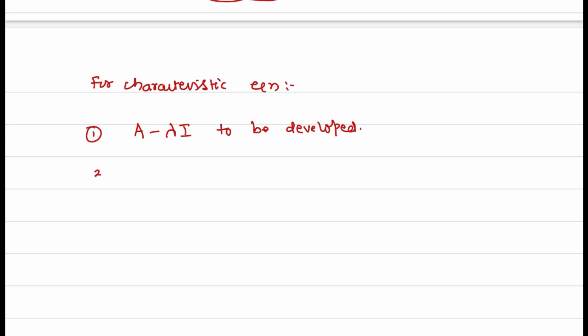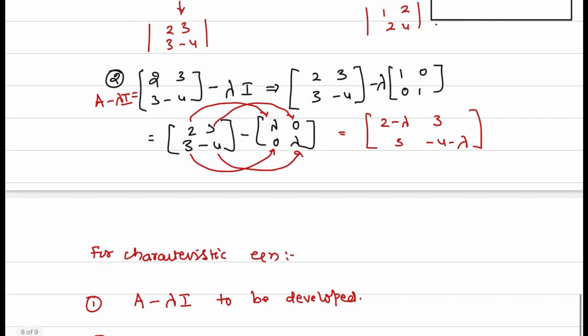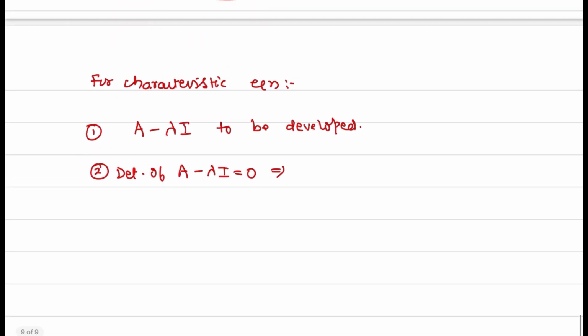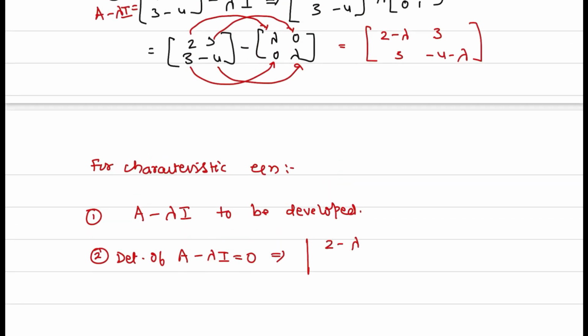Afterwards, you make the determinant of A minus lambda I equal to 0. That means in this case, A minus lambda I is 2 minus lambda, 3, 3, minus 4 minus lambda. The determinant of 2 minus lambda, 3, 3, minus 4 minus lambda.